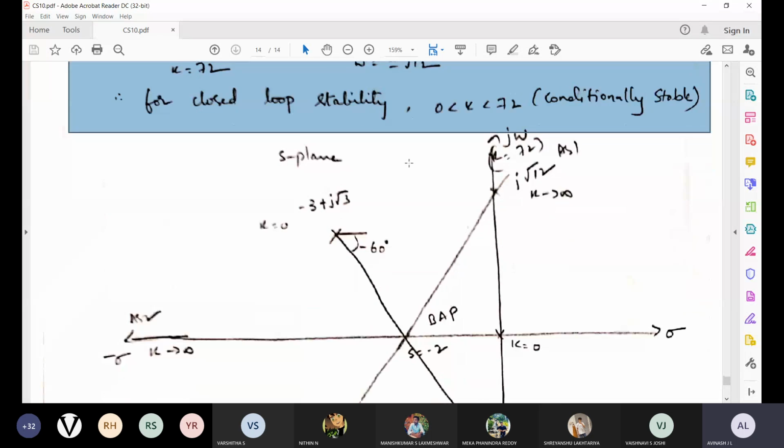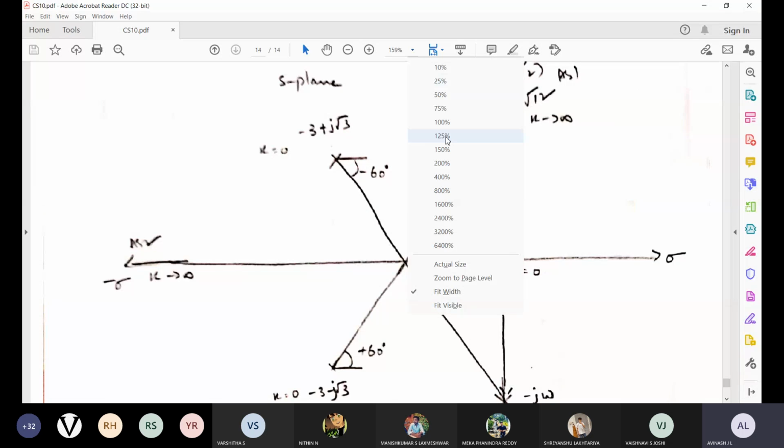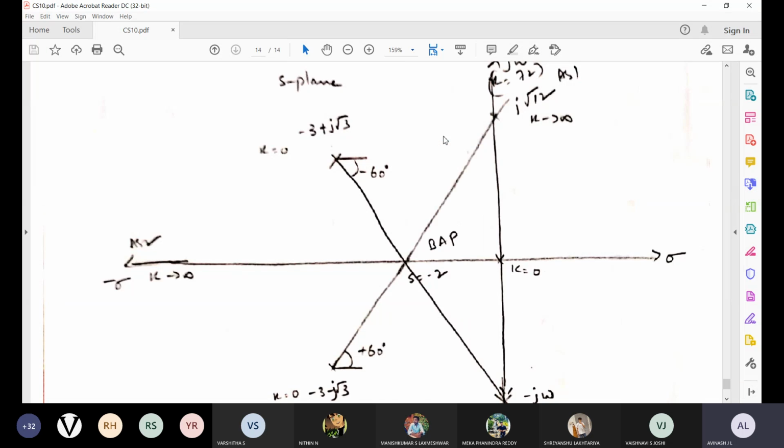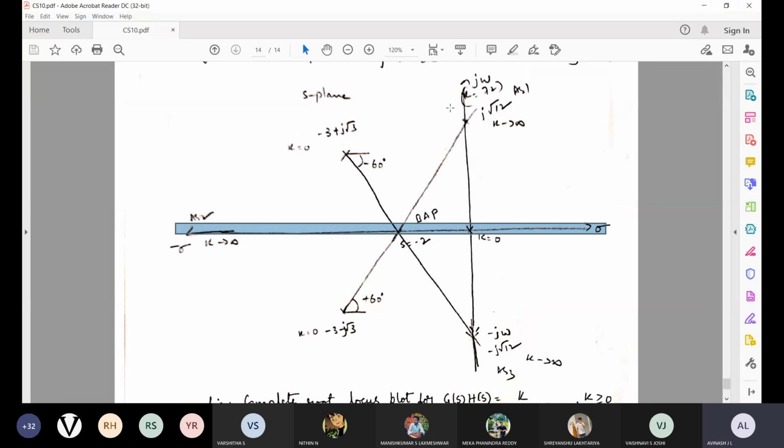Now we will take this scenario of plotting the complete root locus for this numerical. I will take the x-axis and the y-axis, and you can write this root locus, all of you.